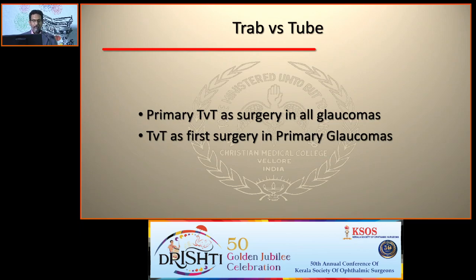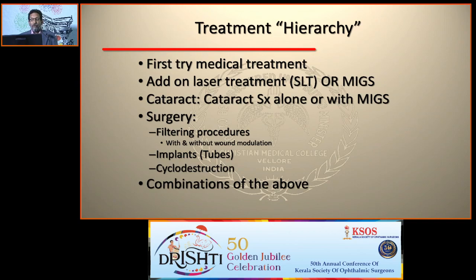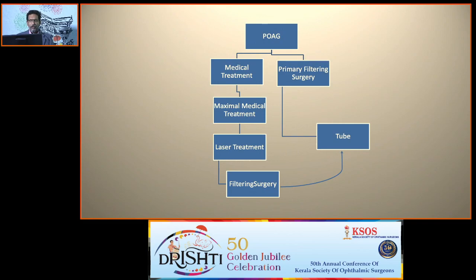So our traditional treatment hierarchy is to first try medical, add on laser, then if there's a cataract, do a cataract alone or along with an MIGS, and then you do surgery. And you can do filtering surgery, you can do implants, and you can go on to cyclodestruction, and there are all sorts of combinations of these.